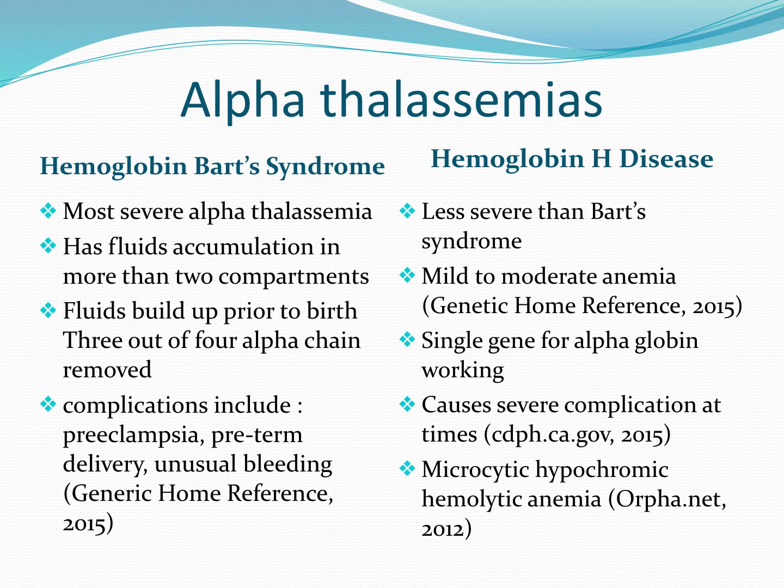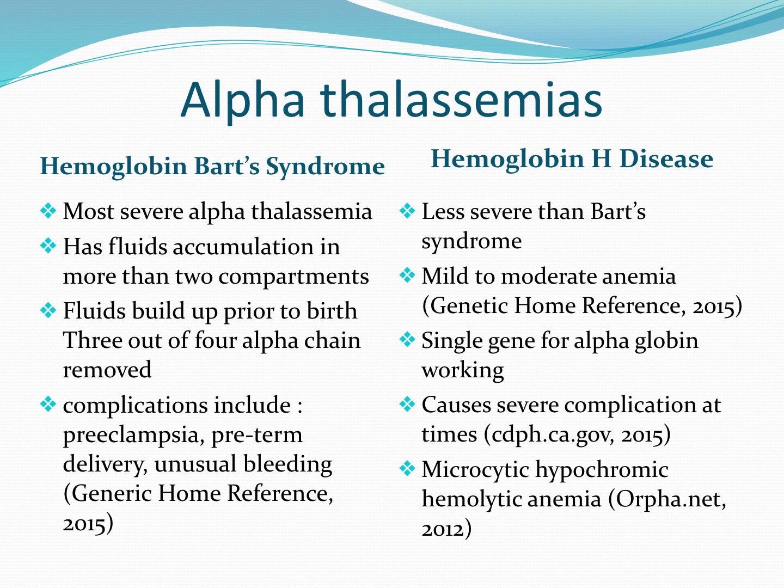Complications of this type of thalassemia disorder include preeclampsia, preterm delivery, unusual bleeding, and much more. This type of alpha thalassemia disorder is so severe that people with this disorder don't make it to life.